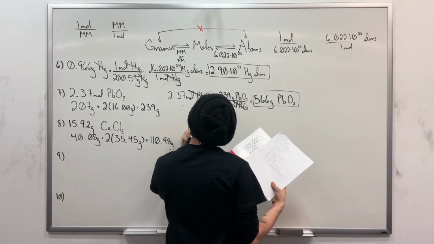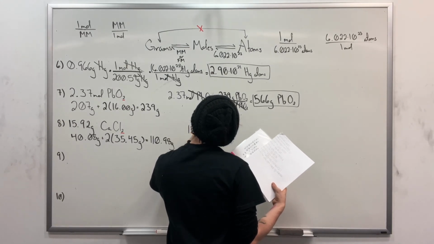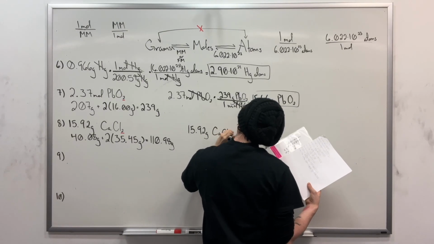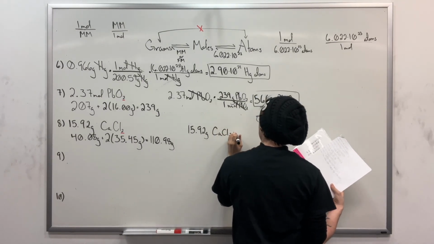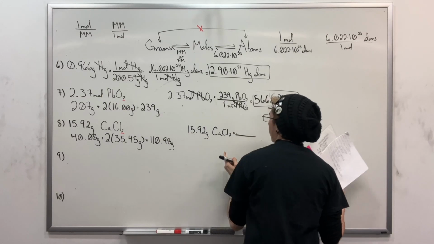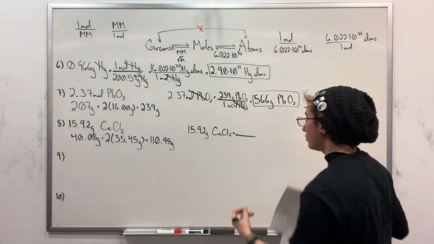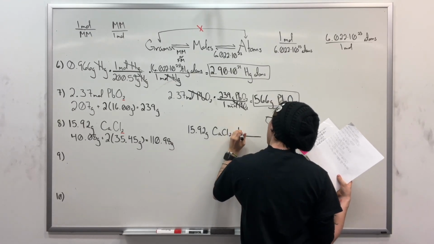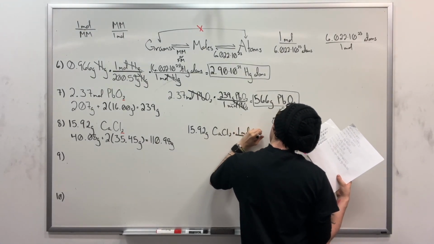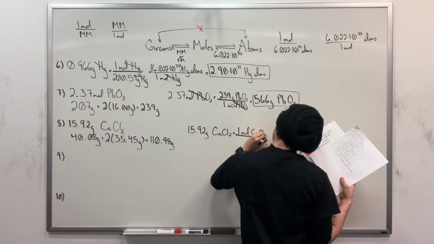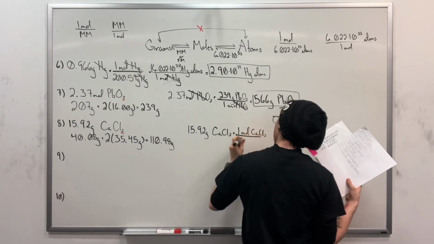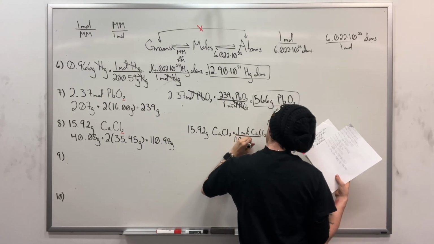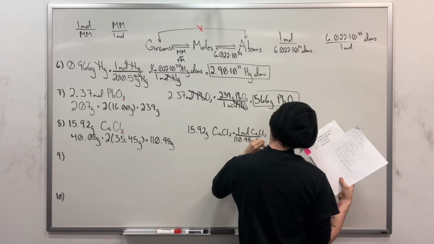So 15.92 grams of calcium chloride. Grams is currently in our numerator. We want grams then in our denominator, so the units cancel out. And so that means, to set this up correctly, we have 1 mole of calcium chloride per every 110.98 grams of calcium chloride.